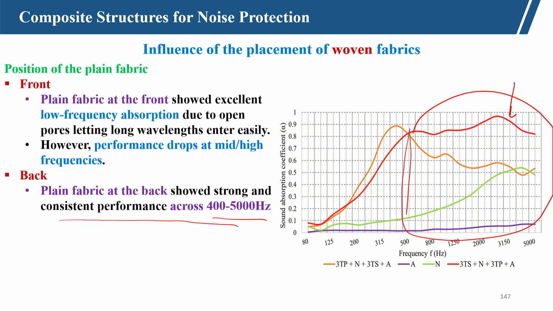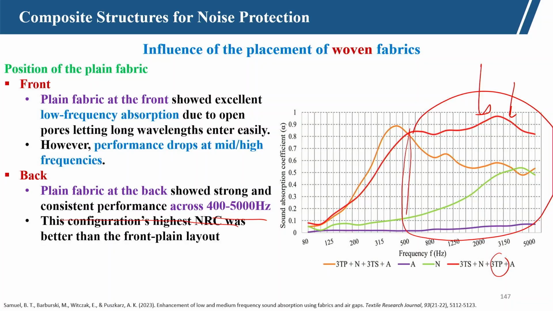So, when we are placing plain at the back, this combination gives very high sound absorption consistently. This configuration has the highest NRC, better than the front in the plain layout.